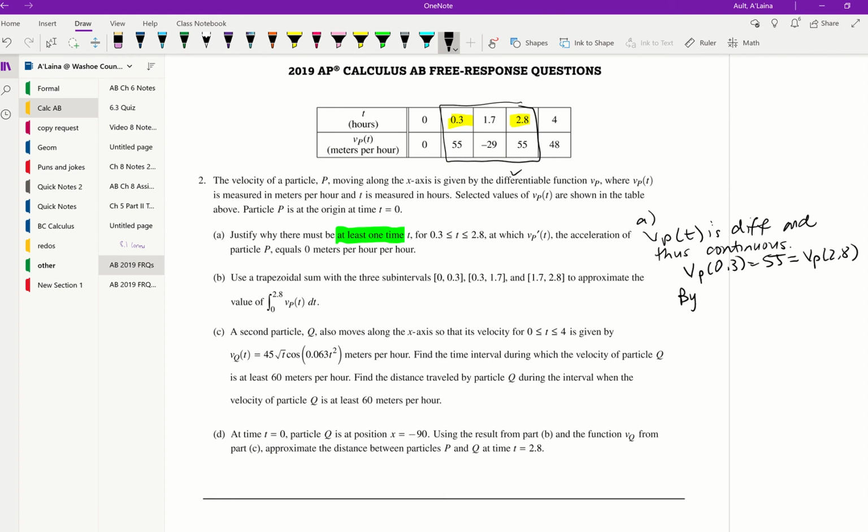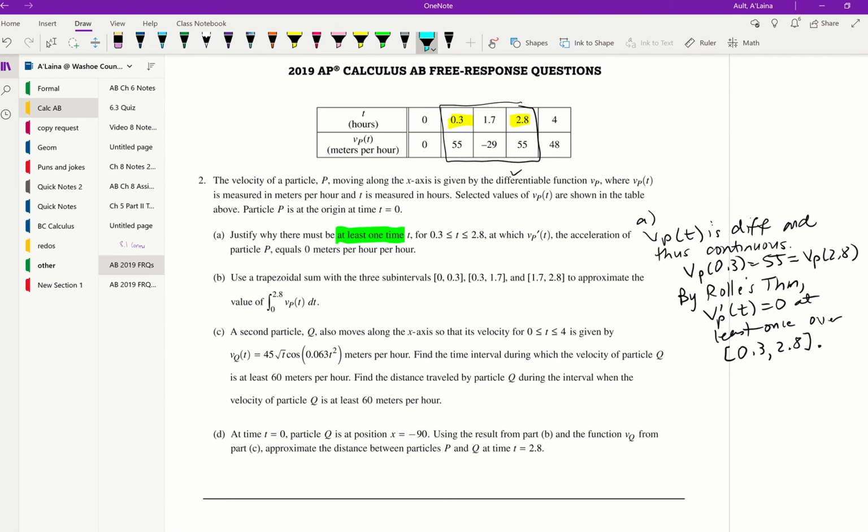And so then we could say by Rolle's theorem, V sub p prime of t must equal 0 at least once in that closed interval from 0.3 to 2.8. Basically, I just restated what Rolle's theorem says. I identified it as being a match, and then I restated it.